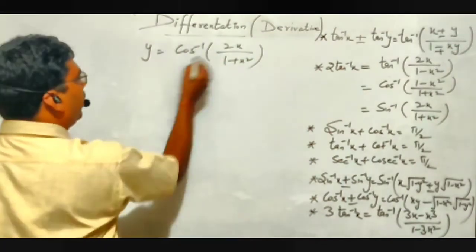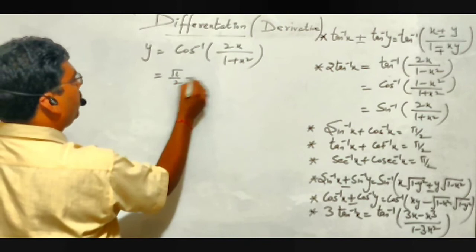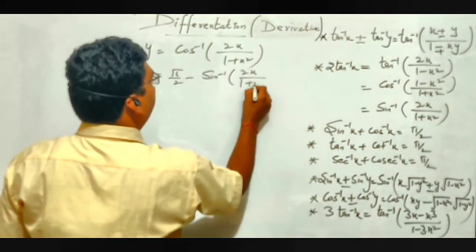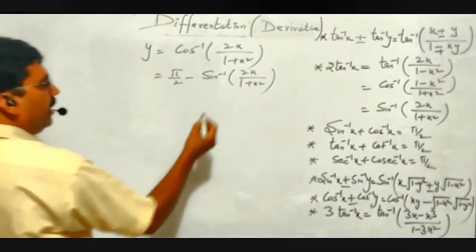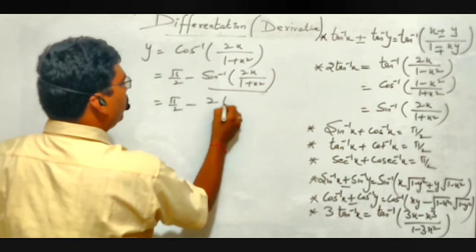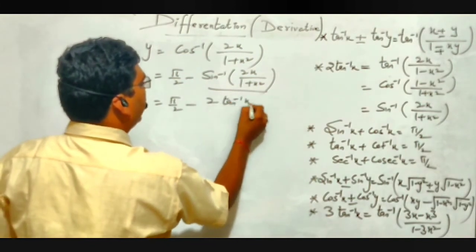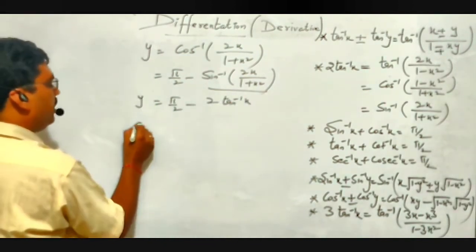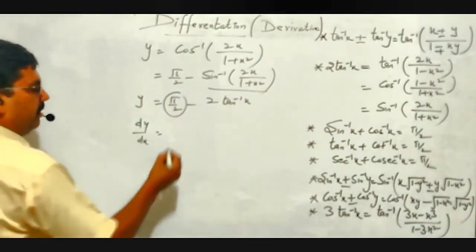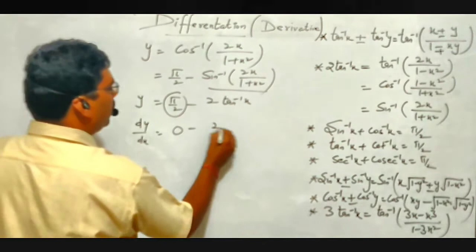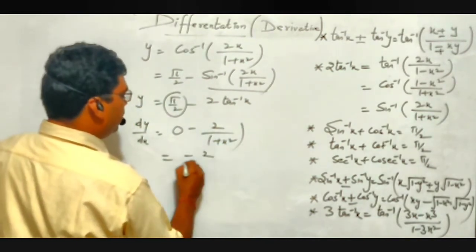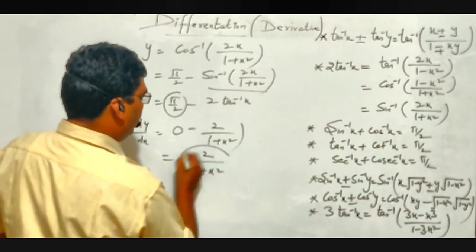So it becomes pi by 2 minus sin inverse of 2x by 1 plus x square, and that is equal to pi by 2 minus 2 tan inverse x. Now the derivative: pi by 2 is a constant, so 0, and the derivative of 2 tan inverse x is 2 by 1 plus x square. The final answer is minus 2 by 1 plus x square.